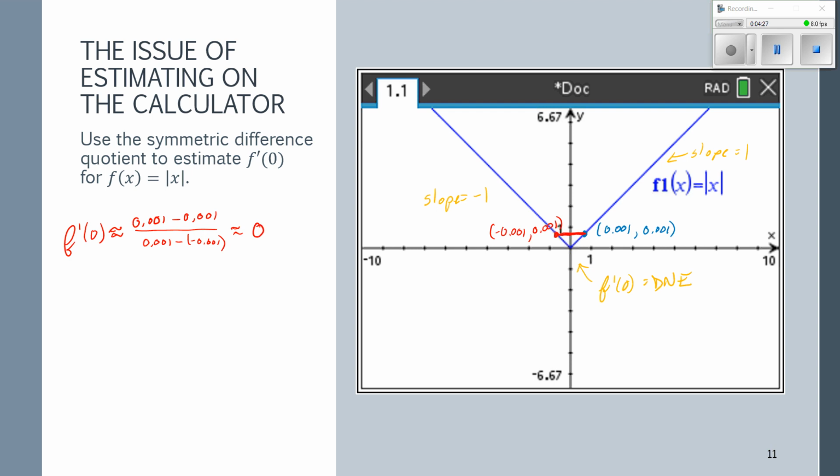So I'm being told the derivative is about 0, but because of the corner, I need to know the derivative doesn't actually exist there. Now, if you type this on your calculator, it's going to give you a warning that says, hey, we're pretty sure the derivative doesn't exist there, because our calculators received updates to try to catch that, but it doesn't always catch them. So you need to know whether or not the derivative should exist before you type it in the calculator.